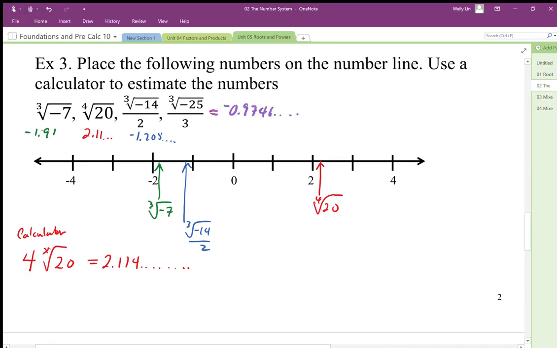So I'm going to put that right about there. That's going to be the cube root of negative 25 divided by 3. Okay, so there we have where we can put these on the number line. Now these are all decimal values that do not repeat and do not terminate. So these are irrational numbers.